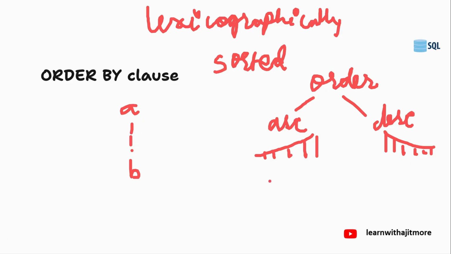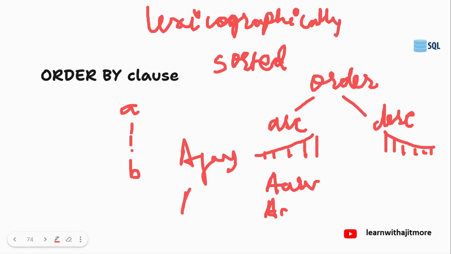Like Arnav or Ajay, whatever. So A is same, then second letter is checked. Second is same, then third is checked, and that way. Like if it is Ajay and if there is Amit, so A is same. So second letter J and M. So J comes first, M comes after. That is called lexicographically.